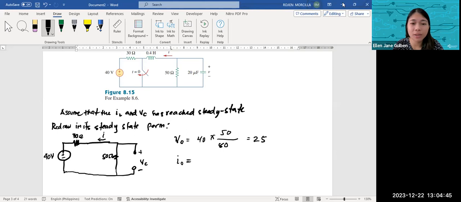So we have a different direction now, but IO, since this one is open, will just be 40 divided by 80. It's equal to 0.5, and we will have to put a negative value for that.